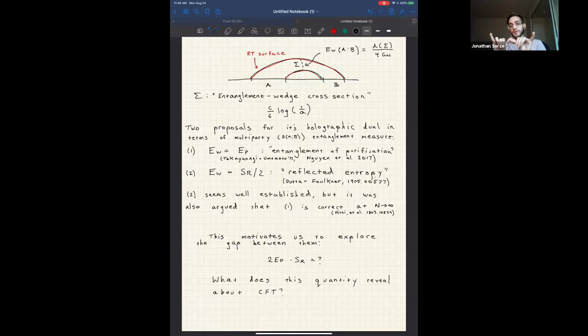Whereas if you take them apart and then take the limit, you're going to get log 2 over G Newton, or log 2 over 2 G Newton, or something like that. But the divergences are totally fine.